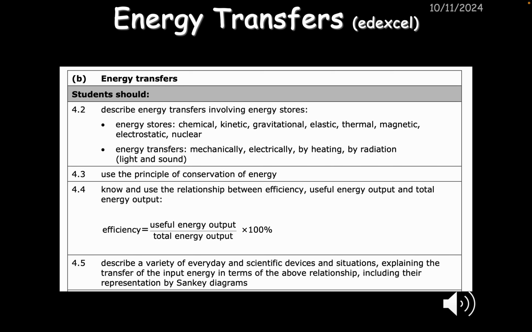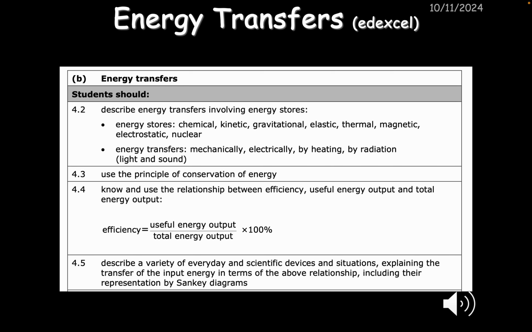So recently, in the last few years, they've changed what used to be called energy types, and it used to include any type of energy that existed, and they now describe them as energy stores. So if you can actually think of a source of energy that can store, like in chemical terms or kinetic terms.